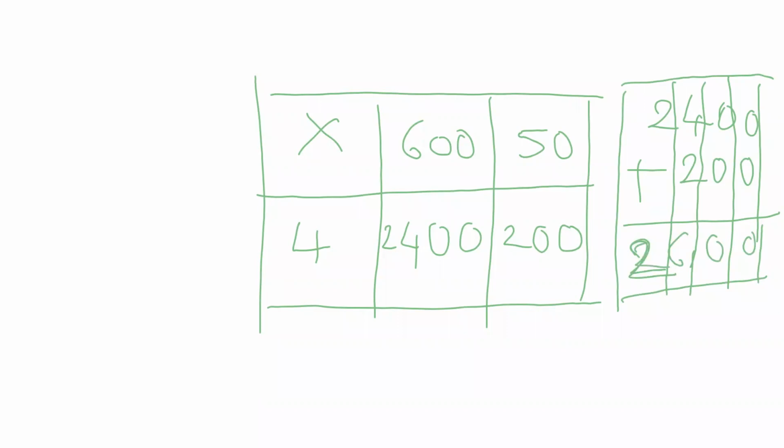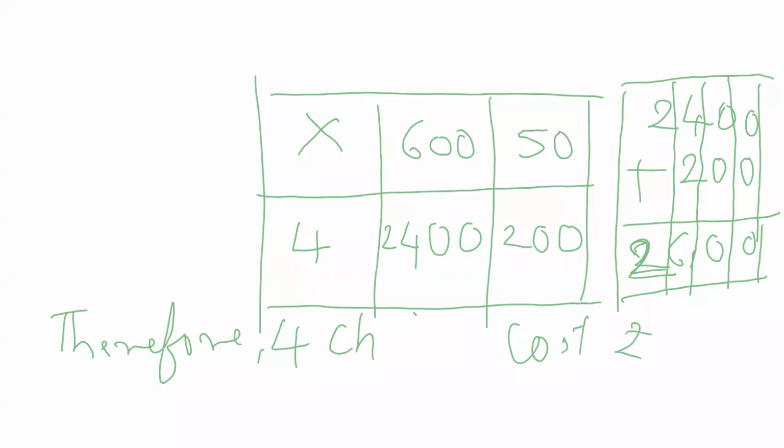So the final statement is: therefore, 4 chairs cost 2,600.